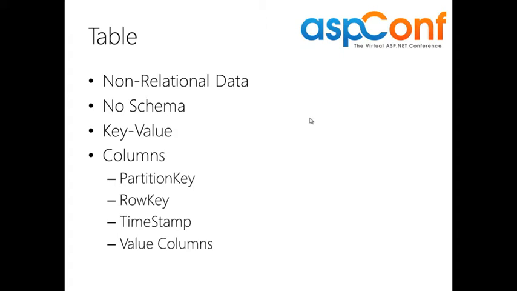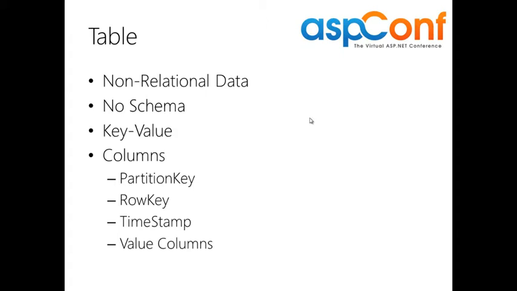So in SQL Server, if I have a customer column, for example, and I suddenly wanted to start persisting a new attribute about that customer, I would have to go in and change the schema ahead of time and add a column just to store that attribute. Not so in Azure Tables. In Azure Tables, I simply can store it and it'll take it. It doesn't really care what the schema is. We'll manage that ourselves.